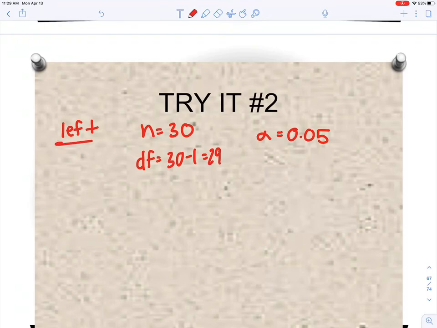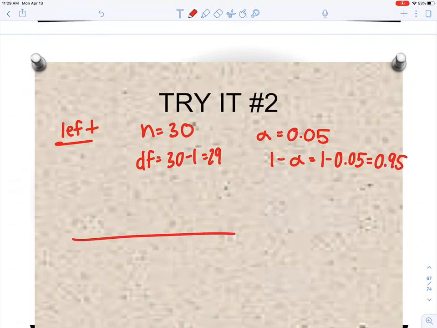Okay, it's left-tailed, so I have to do 1 minus my level of significance because I'm looking at a chi-squared. So if I wanted to draw it out, I could. Left tail is over here. So now I'm going to look in the back of the book at 0.95 and 29 to find 17.708.